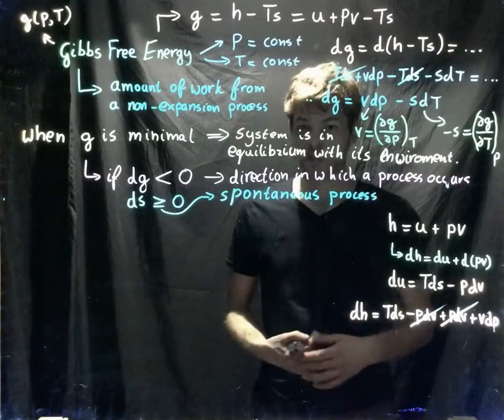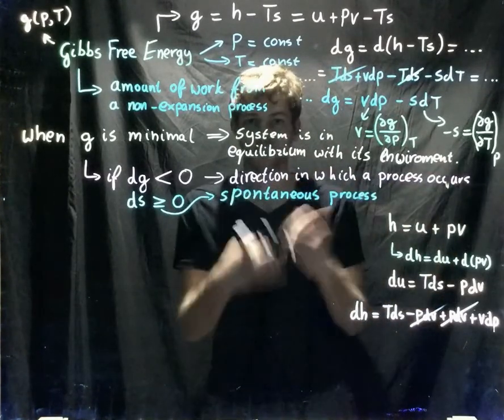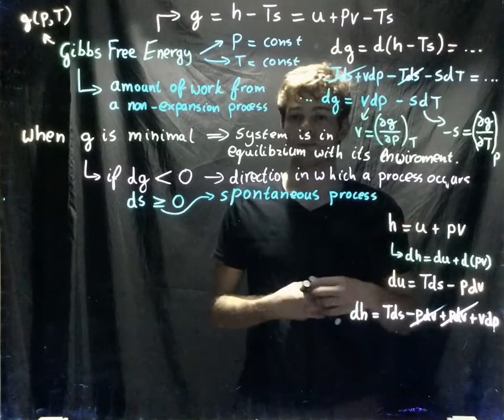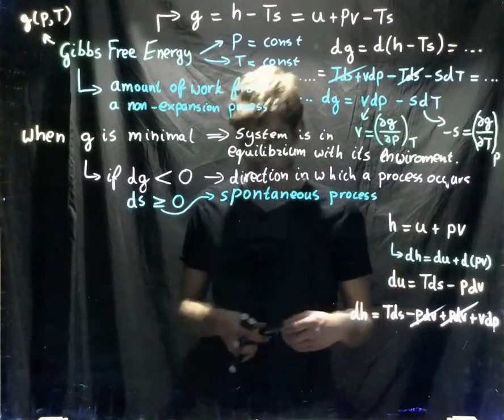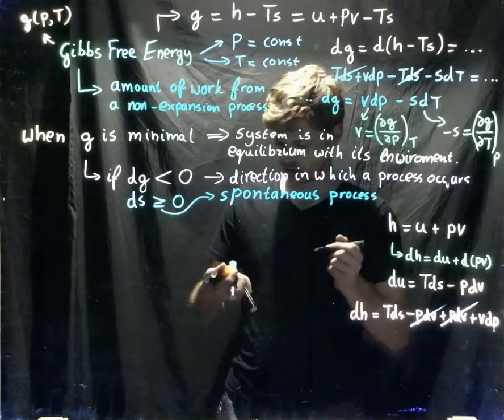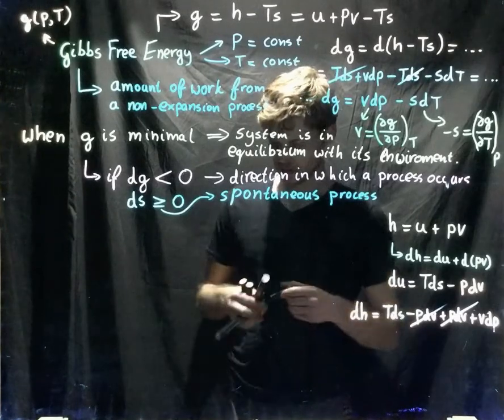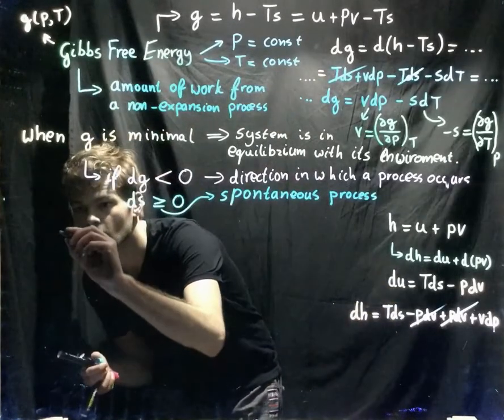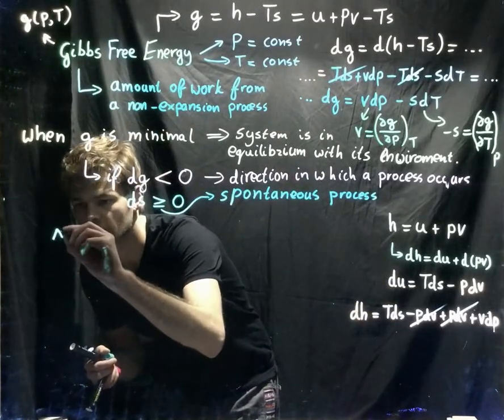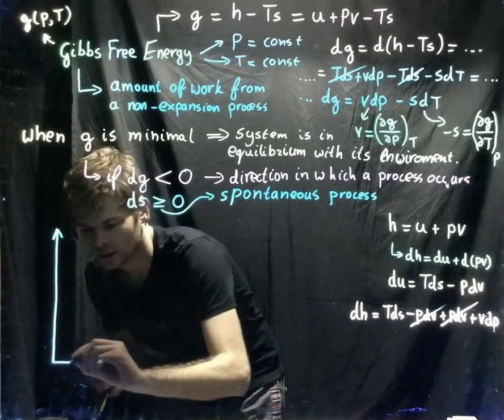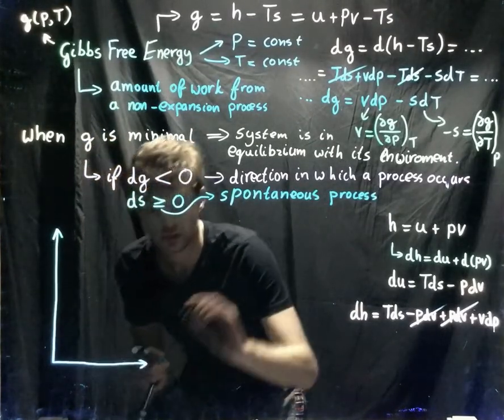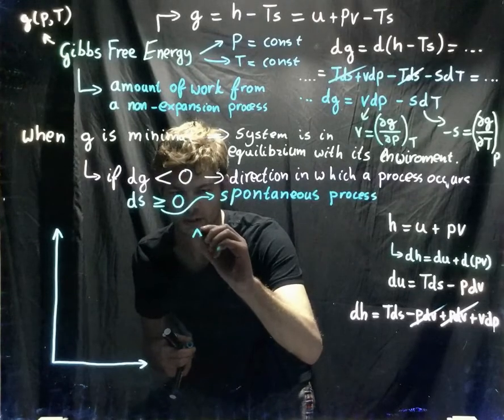Well, and of course, the best way to get a feeling for this is to write everything down into a graph. So I'm going to make two graphs, one for a constant temperature and one for a constant pressure.